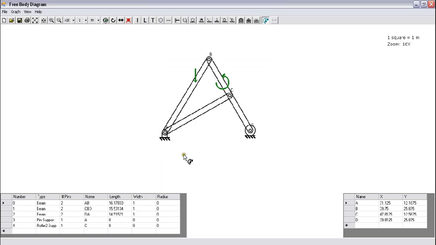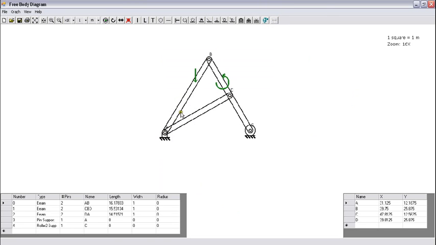So now look at pin A. At pin A, more than two things are happening. What are those things? Member AD, member AB, and a support.